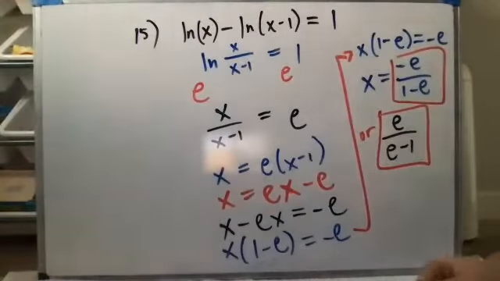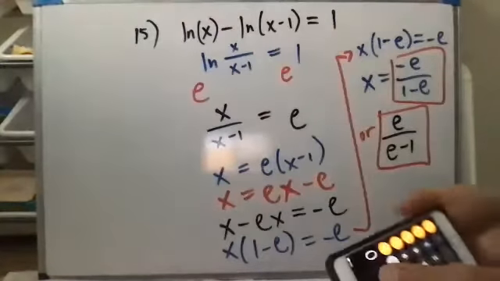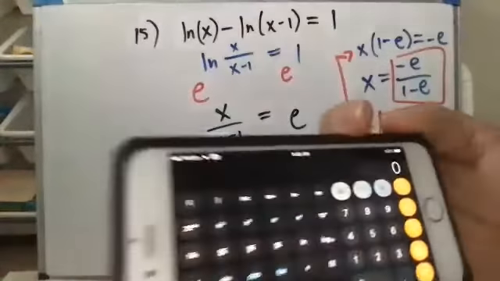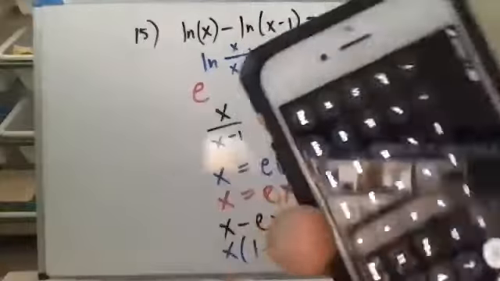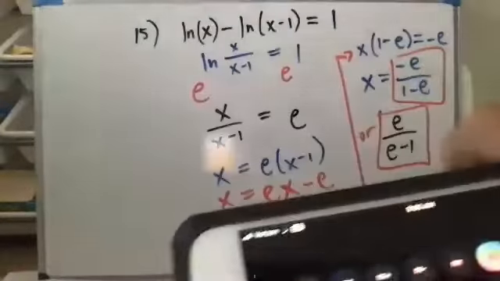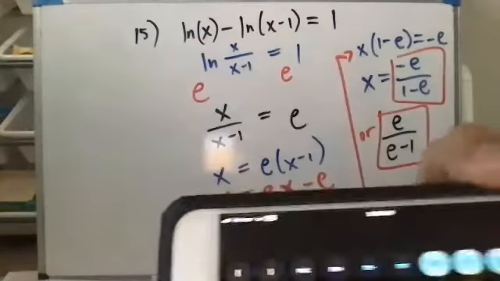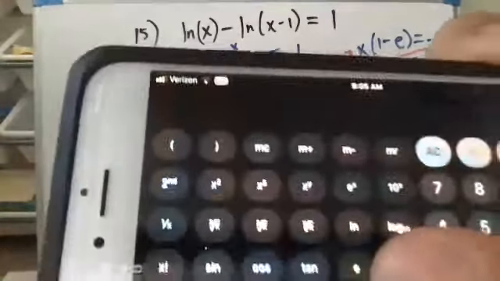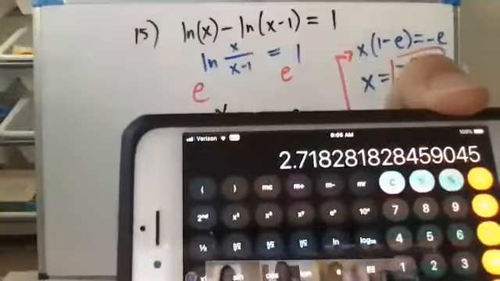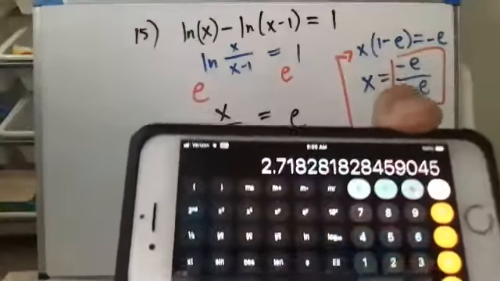Sure. Or sorry, real quick. If you're using the iPhone calculator, the built-in one, then you just have to turn it to the side, and then you have all the e options. There's actually an e right there, like just the e by itself. So you could do e, and then divide by.